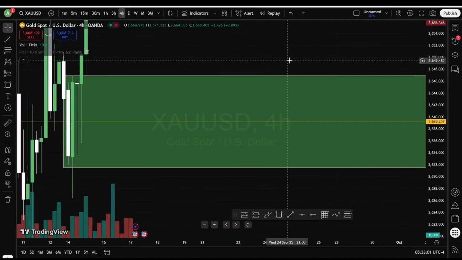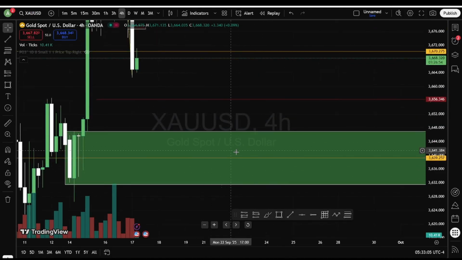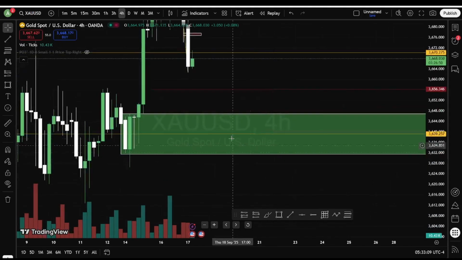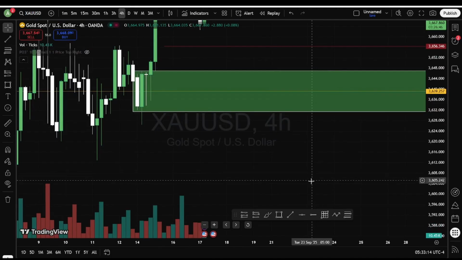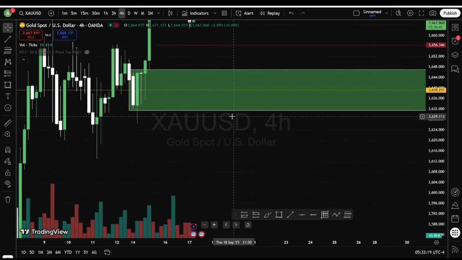This is our 4 hour support. The next target will be 39. Then if the price breaks this level tomorrow, it will go to the 23 level, and then the 16 level.